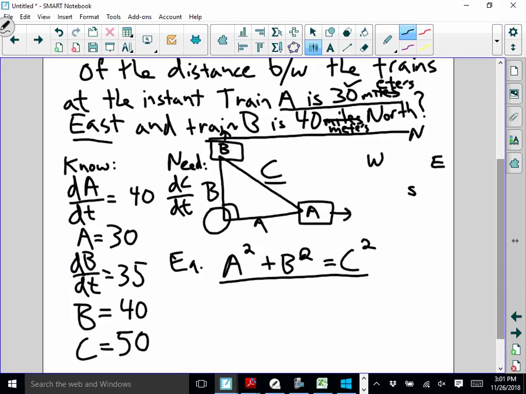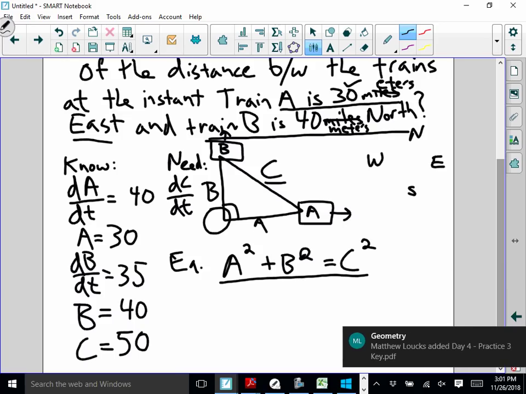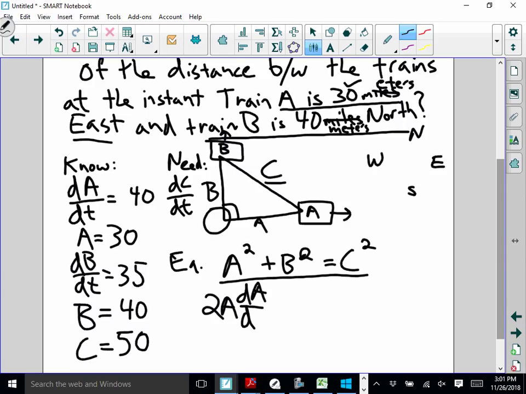I'm going to get 2a, and remember to tack on dA/dt, plus 2b dB/dt equals 2c dC/dt.